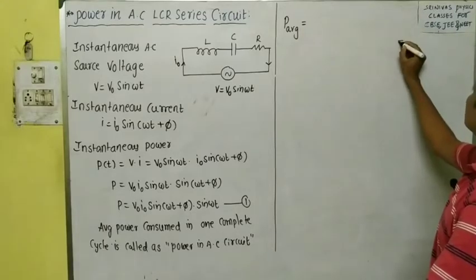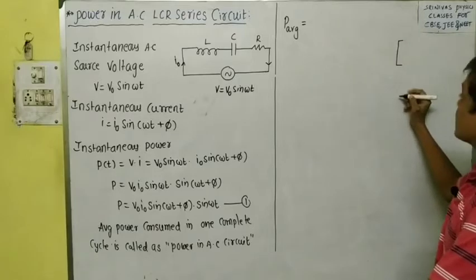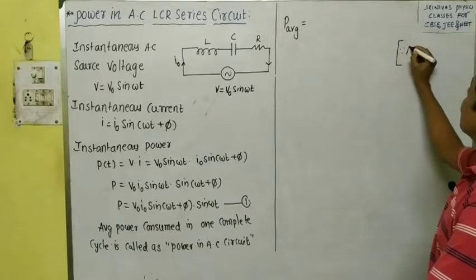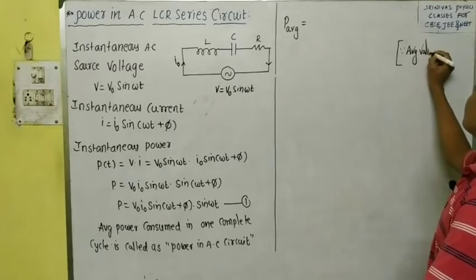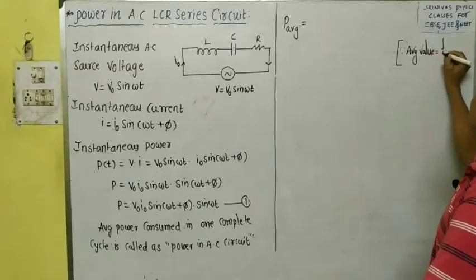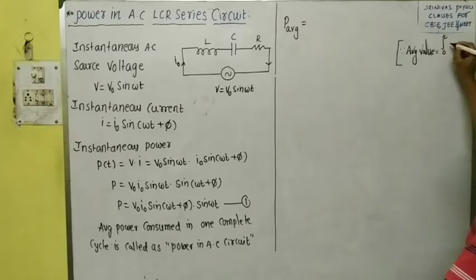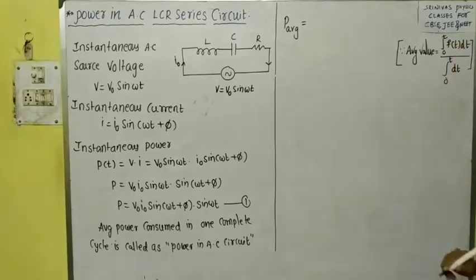The average of a certain function we can find out like this. The average value of a function f(t) over a certain time is the integral from 0 to T of f(t) dt divided by the integral from 0 to T of dt.